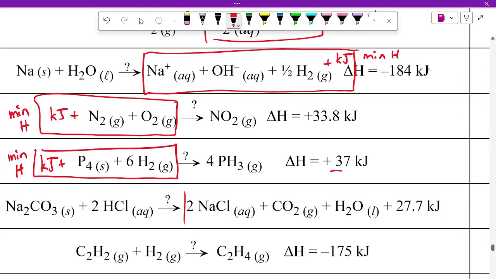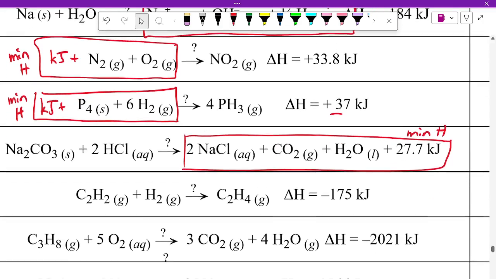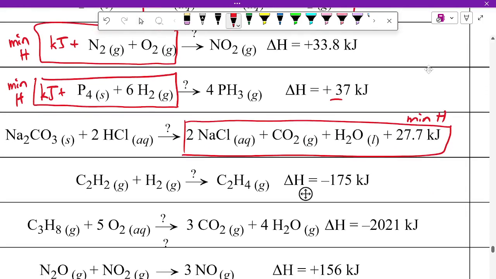There's our heat term in the products, so products have minimum enthalpy. We got our heat term over here, so our products have minimum enthalpy.